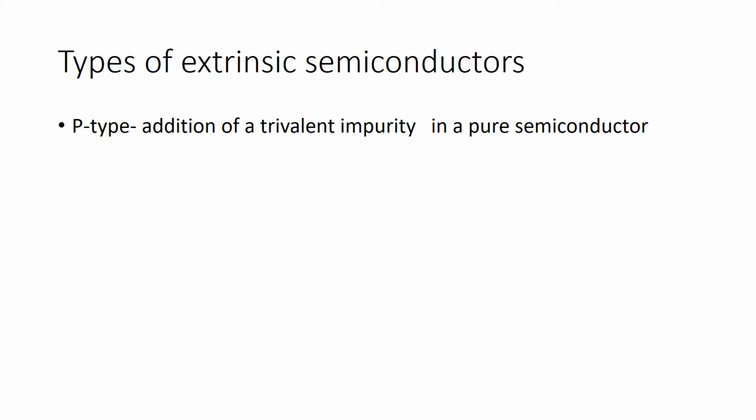So under P-type, the semiconductor is formed by adding a trivalent impurity in a semiconductor. An example of a trivalent impurity will be boron. Let's use our pure semiconductor as silicon.